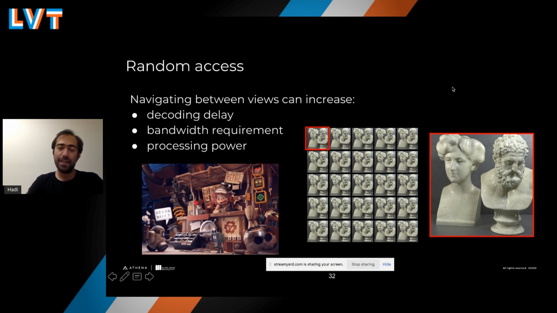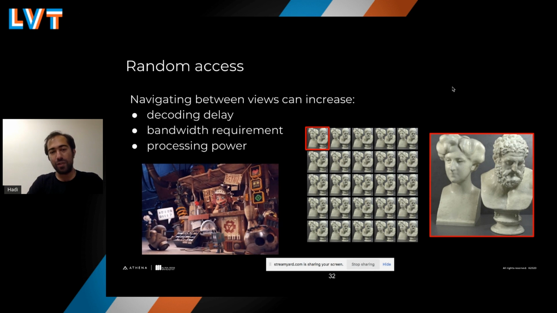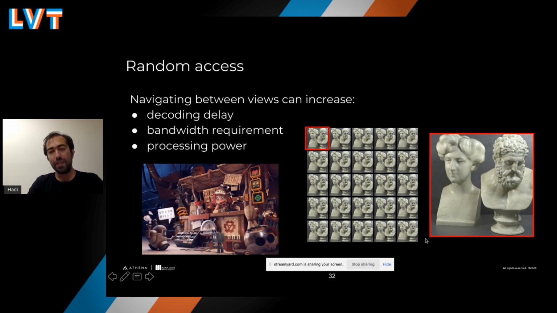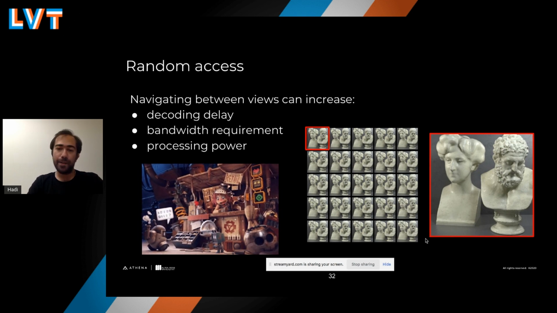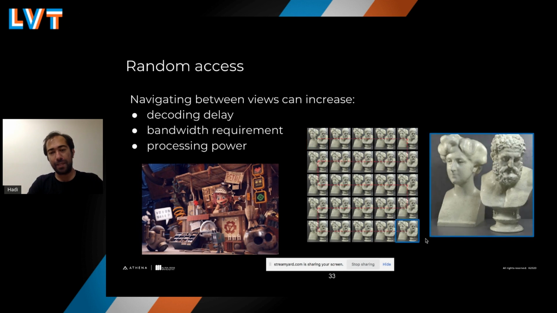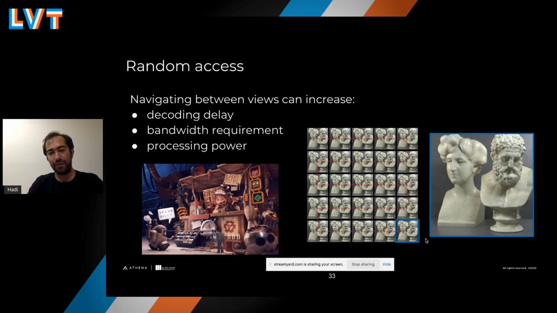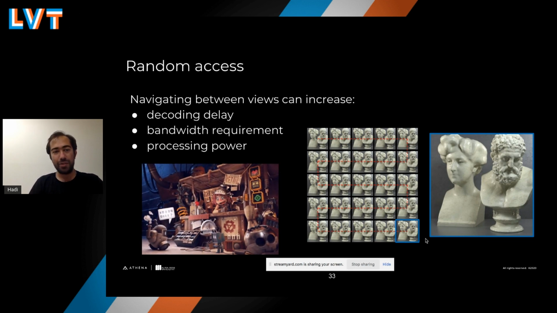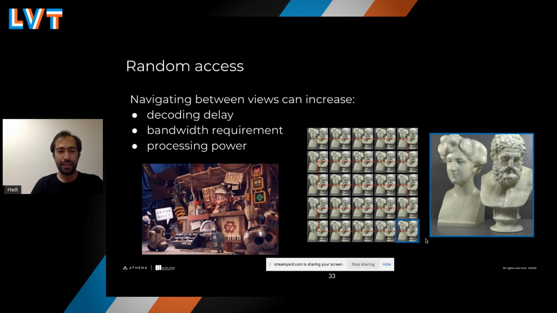In this example, imagine we want to navigate between the top left view and bottom right view. Because of the raster or snake dependency that exists between views, we need to decode all the views in order to have access to the last view. As I mentioned, it will increase the decoding delay, bandwidth, and processing power.